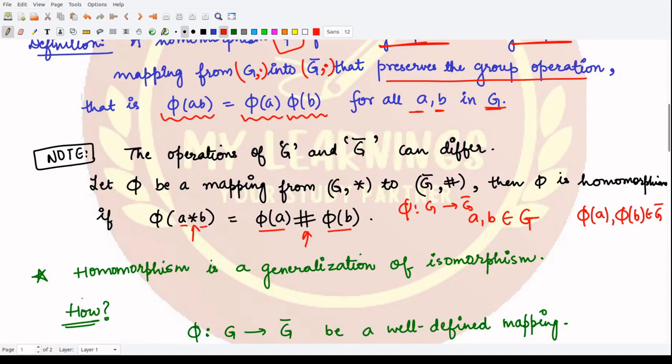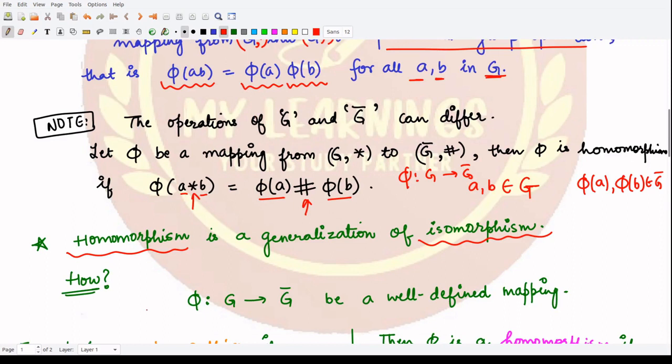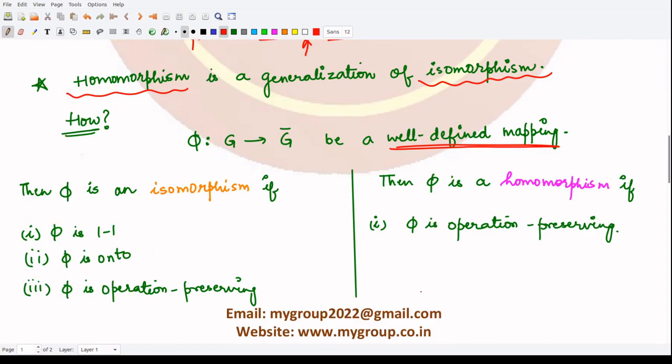Now I say homomorphism is a generalization of isomorphism. How is this true? Let's define some mapping phi from G to G bar, which is a well-defined mapping, already a function. We say this phi is an isomorphism whenever phi is one-one, whenever it is onto, and whenever it is operation preserving.